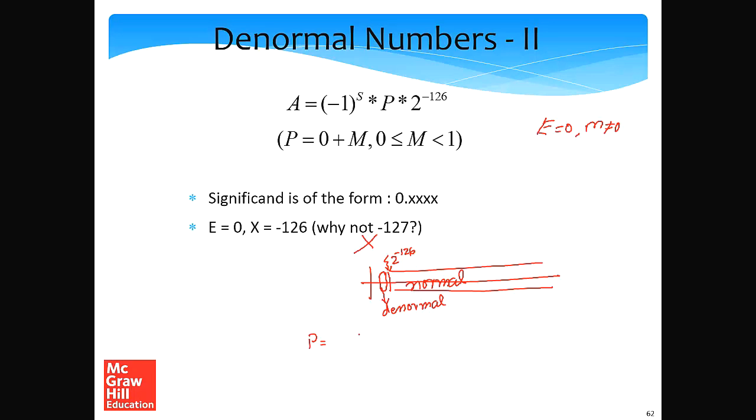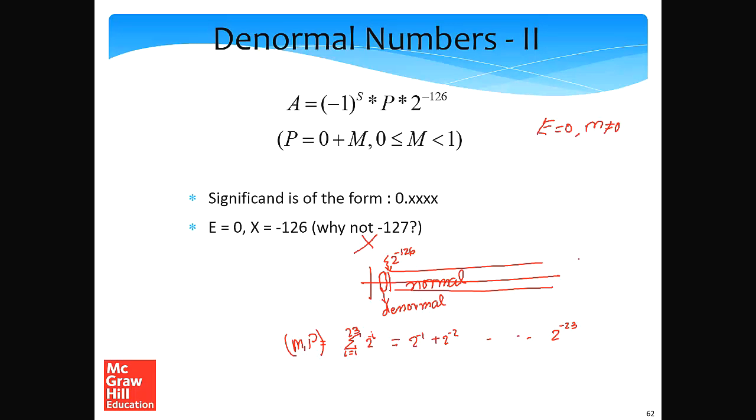The value of the largest possible mantissa, or the significand, they are actually the same, is equal to the sum of 2 to the power minus i, where i goes from 1 to 23, which is equal to 2 to the power minus 1 plus 2 to the power minus 2, all the way till 2 to the power minus 23. So this is a simple geometric series summation.